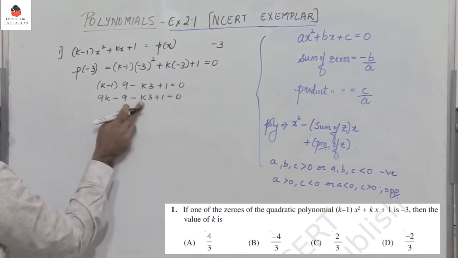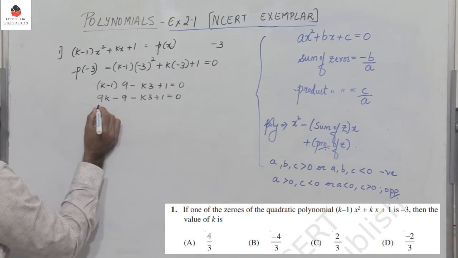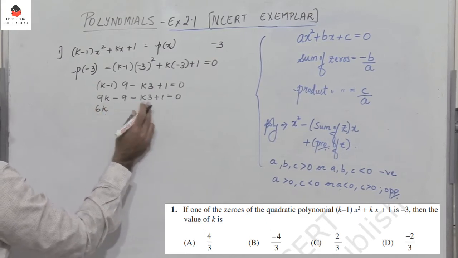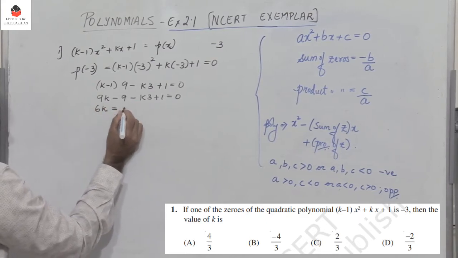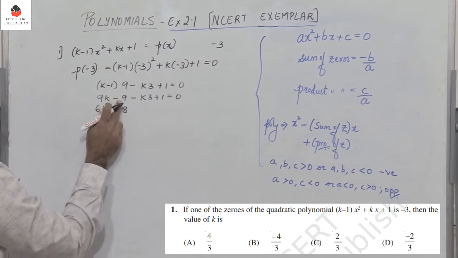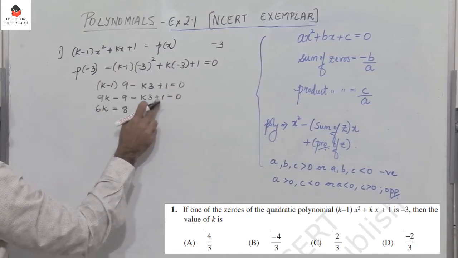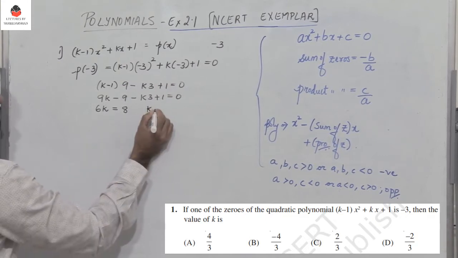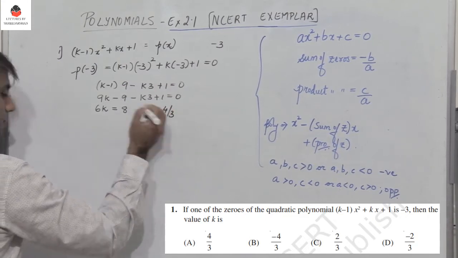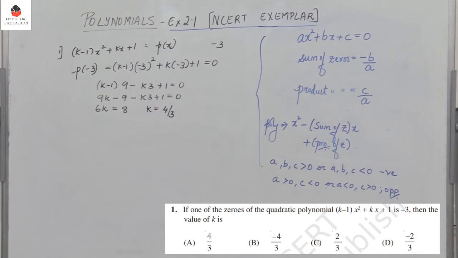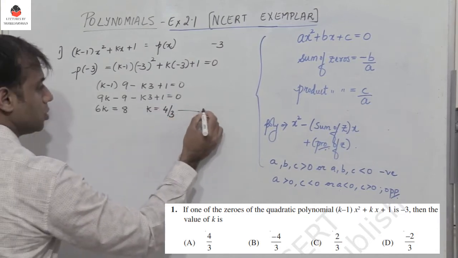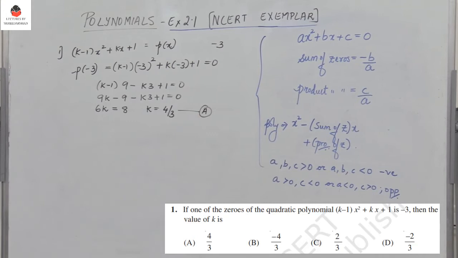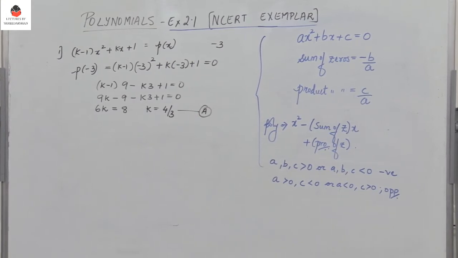So here we get 9k minus 3k is 6k, and this is equal to 8. So I take 9 to the other side, it becomes plus 9, and taking 1 to the other side becomes minus 1. So k equals 4 by 3. If you observe all the four options, I find that this corresponds to option A. So A happens to be the right answer.